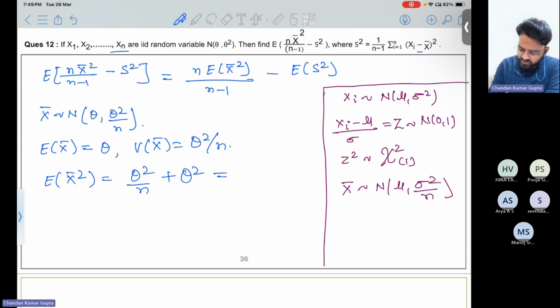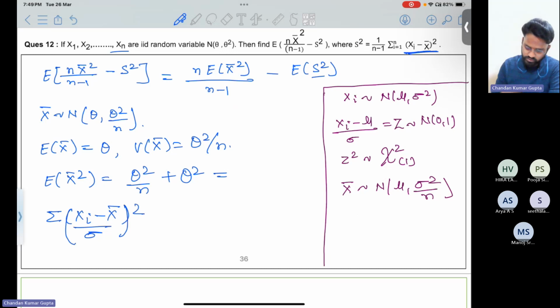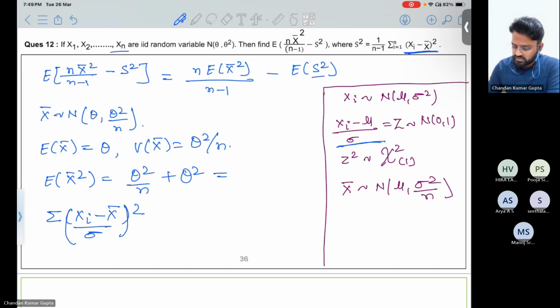Now the second is the expectation of S square. S square is the sum of xi minus x bar whole square. So summation of xi minus x bar upon sigma whole square follows chi square with n minus 1 degrees of freedom.